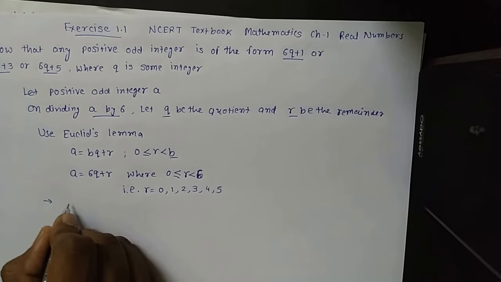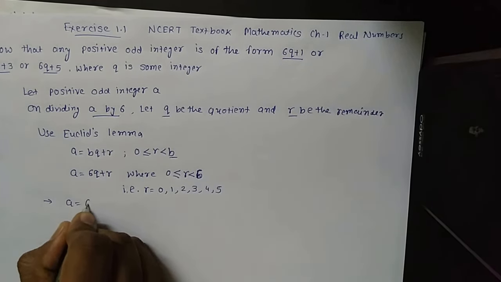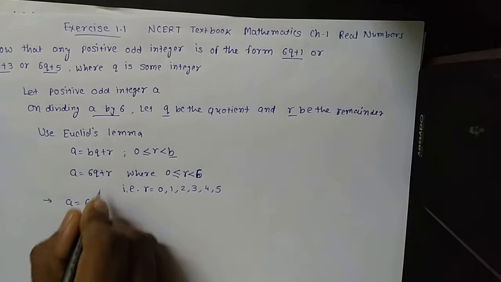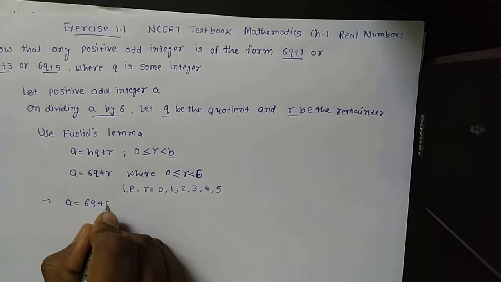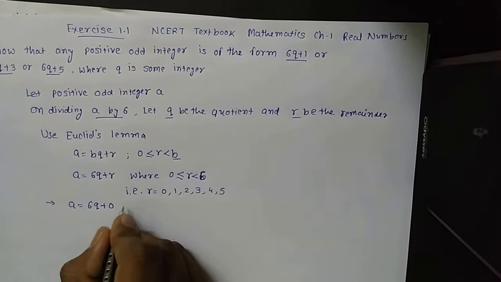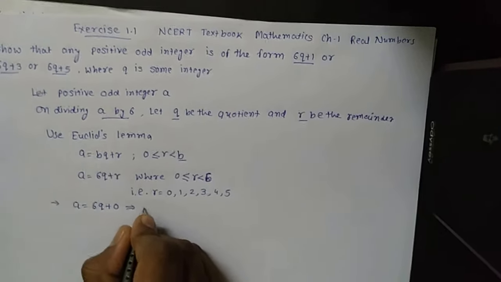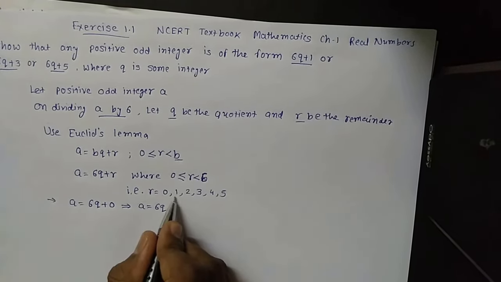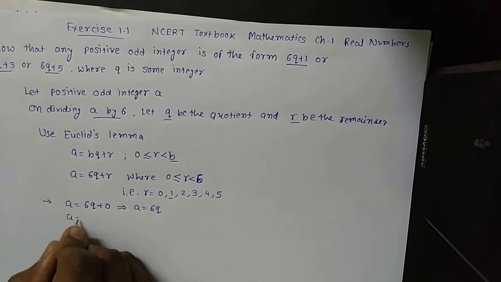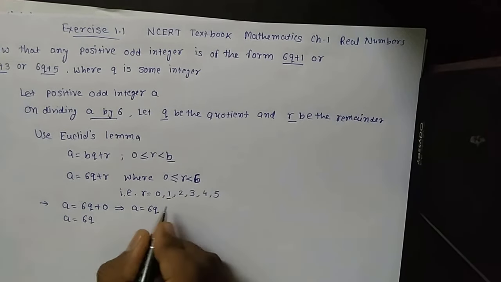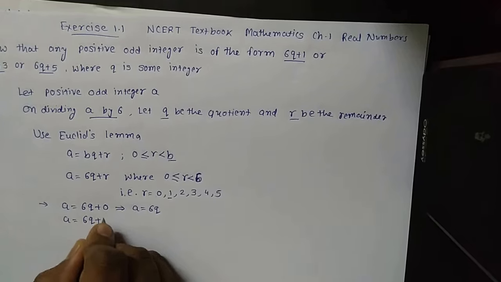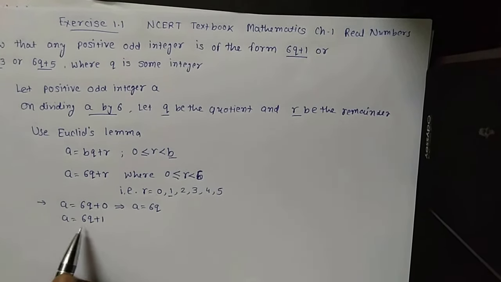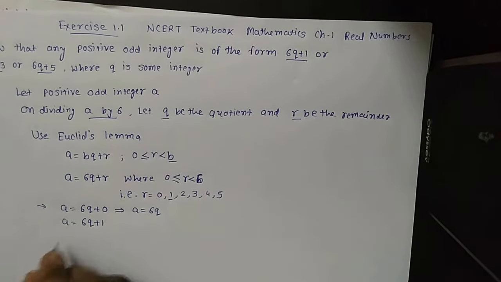So the lemma is a is equal to 6q plus r. I have taken r as 0, therefore I will get a is equal to 6q. Now I will take the other value, r is equal to 1, then a is equal to 6q plus 1.